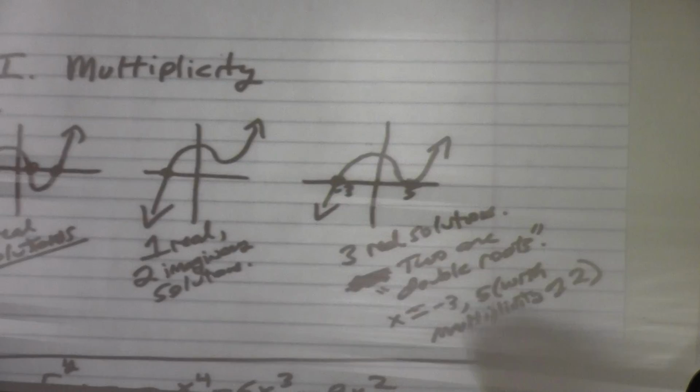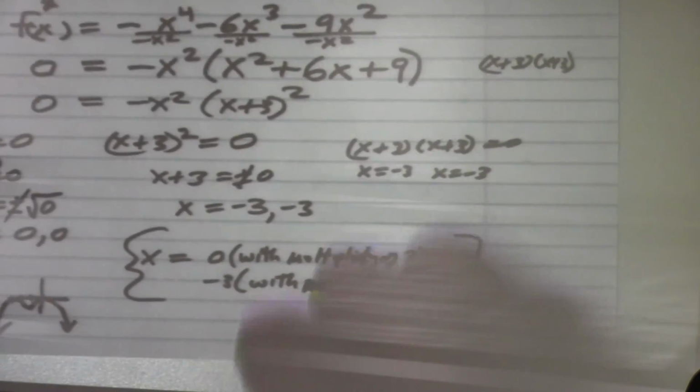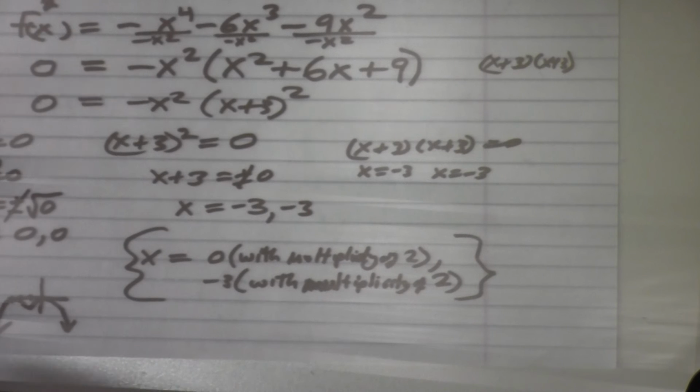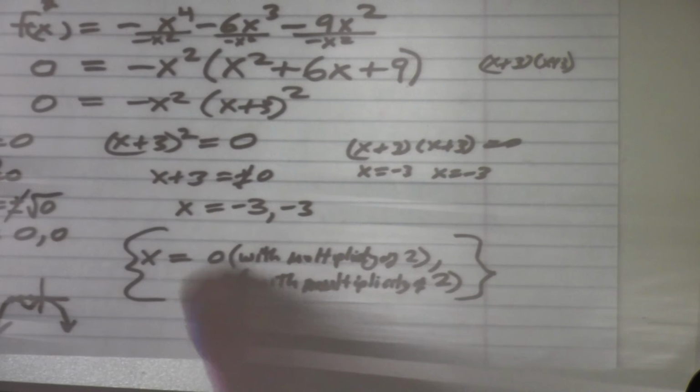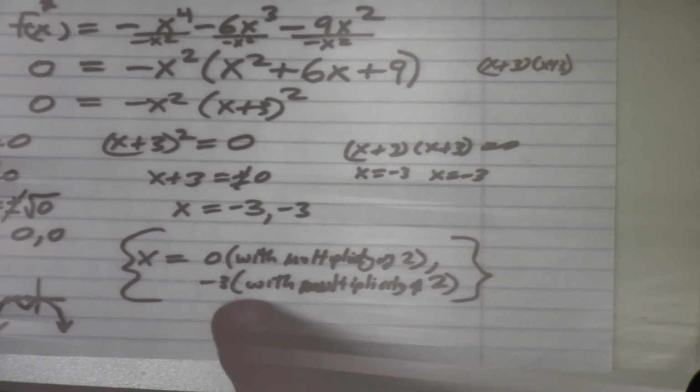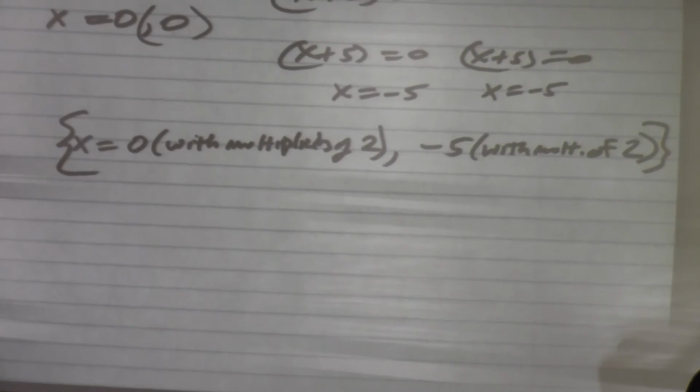And here is what multiplicity looks like. This problem and the practice problem both show double roots, so there's 2 answers, both with multiplicity of 2. This one also has 2 answers with multiplicity of 2. Sometimes you have one that doesn't have any multiplicity, and then 2 others that do. Right, that's for section 2.3.